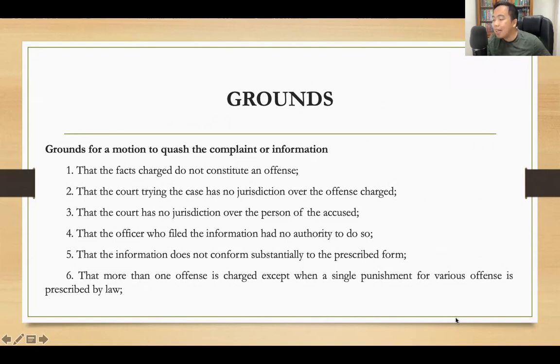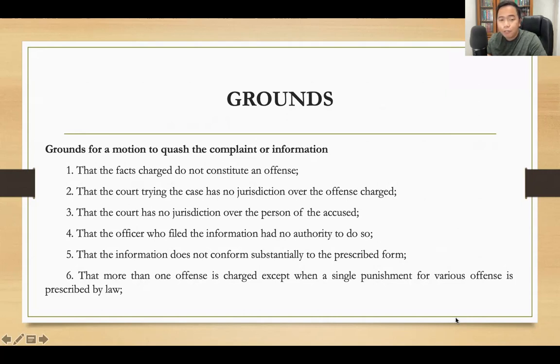For example, not all prosecutors can file information in court. There are only designated prosecutors who can file the information in court, for example, the provincial or city prosecutor, the regional state prosecutor, or the state prosecutor. These are the only officers who have the authority to file an information in court.